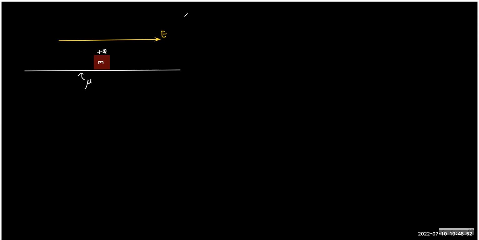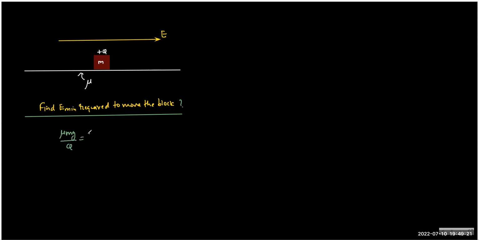So the first question will be: find E minimum required to move the block. Very simple question. You can solve with ease. What will be the answer? Mu mg by q.